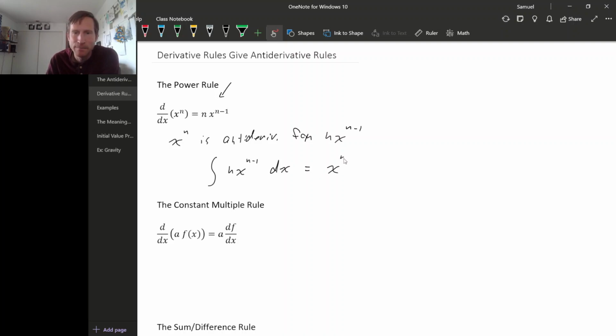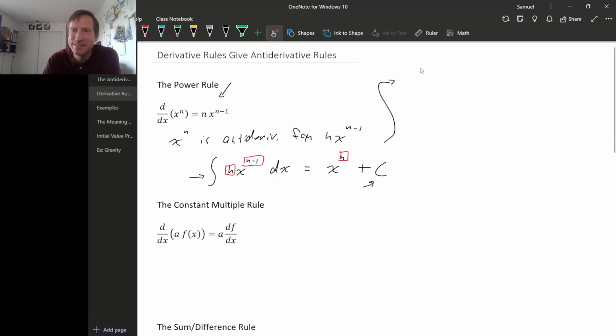is x to the n. Although when we rephrase things as antiderivative rules, we have to remember to add a constant here, right? Because there's always this constant that could be anything. Usually when we rephrase the power rule as an antiderivative rule, we will rearrange the powers, so everywhere n shows up, we'll add 1 to it, just so that on the left we have x to the n.